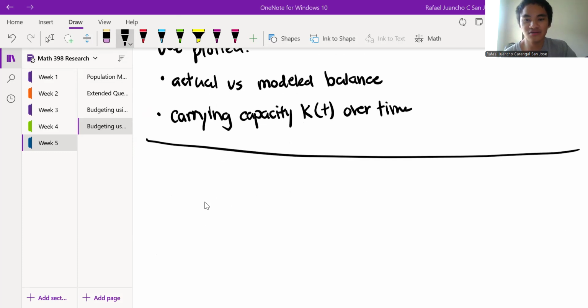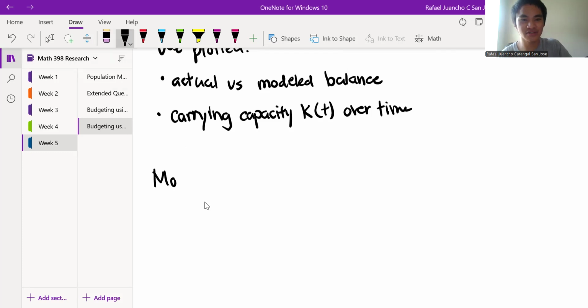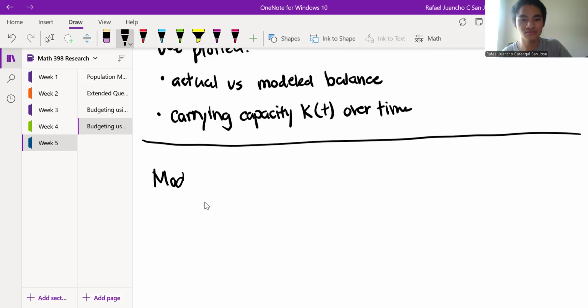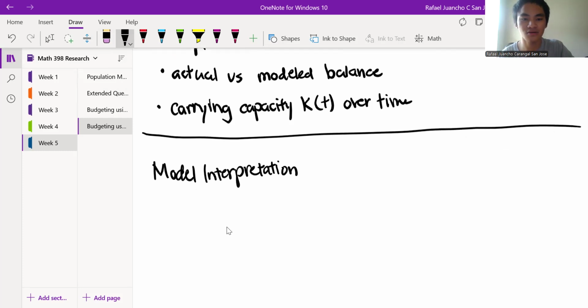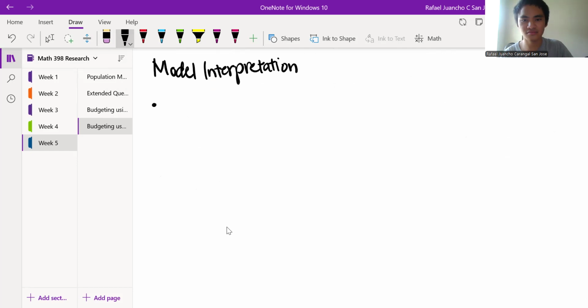And then here is, I guess, results-ish. So how do I interpret this model, right? Well, here we see that there is an overall trend of decreasing balance, right?